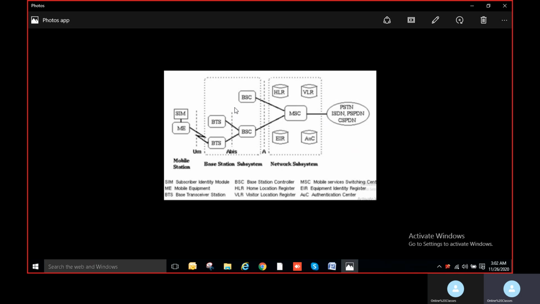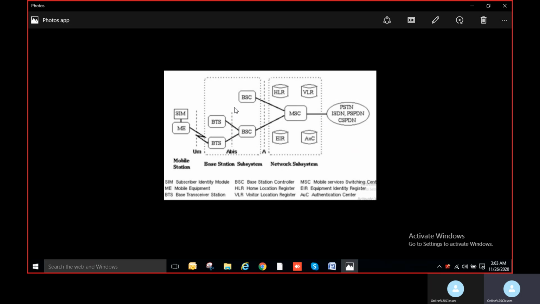The system was later enhanced for data applications by introducing the 3.5G technologies of high-speed downlink packet access (HSDPA), meaning high-speed data we require, and high-speed uplink packet access (HSUPA). If we merge HSDPA and HSUPA, it is commonly known as HSPA, high-speed packet access.